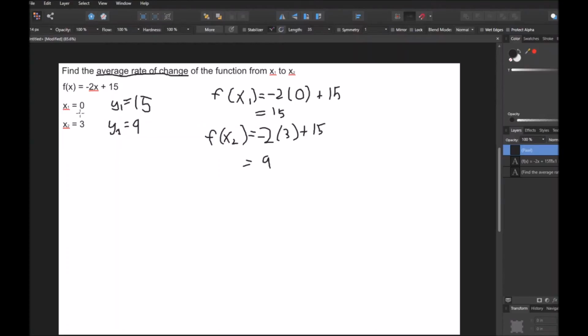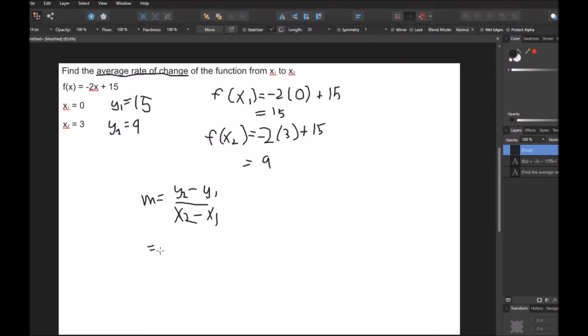Now we have x1, y1, x2, y2, and we can do m equals y2 minus y1 over x2 minus x1.